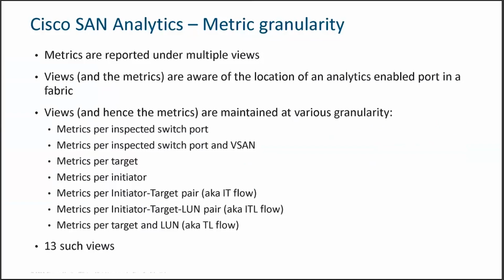So you can say an ITL flow, and we have views for ITL flows only. But then you can say, I don't care about those LUN level details, just show me the IOPS of a target port. So we have a view for target port that tells you all the metrics for target ports. We'll go into details of it when we talk about NPU architecture, but just remember that there are different views based on what answer you want from the switch.